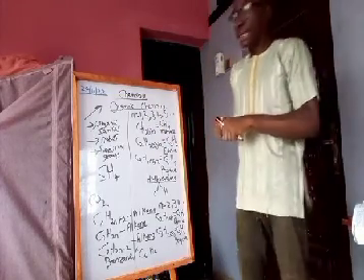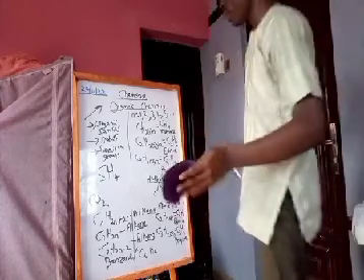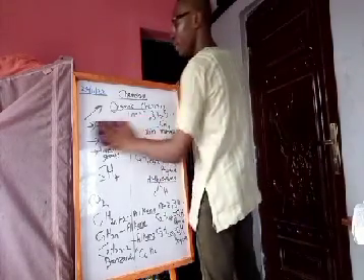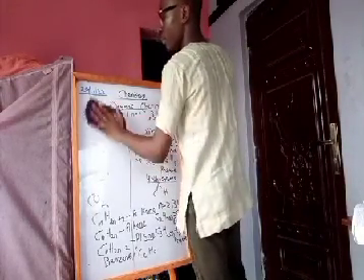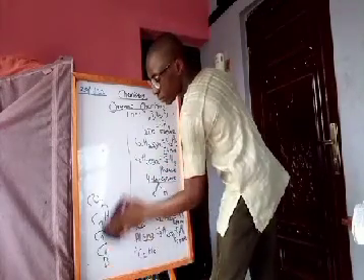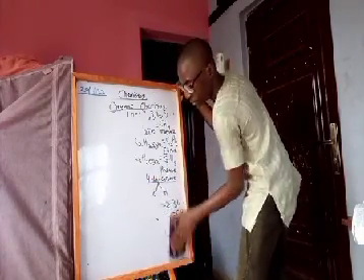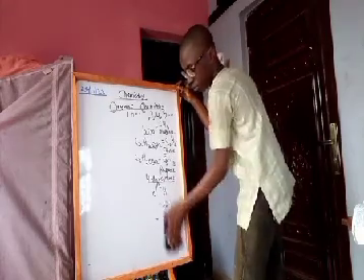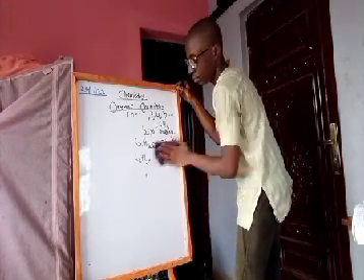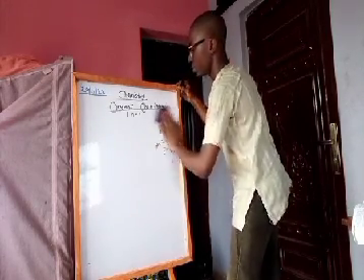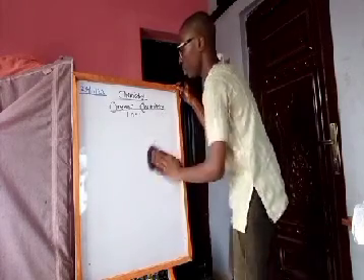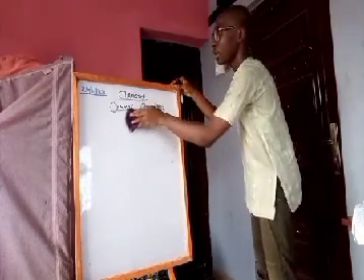So we'll talk about the ethyne family now, the formation of the ethyne family. This is organic chemistry, and we're still talking about hydrocarbons.